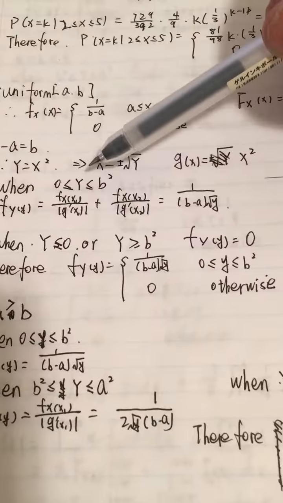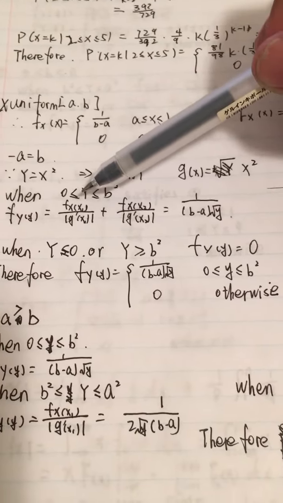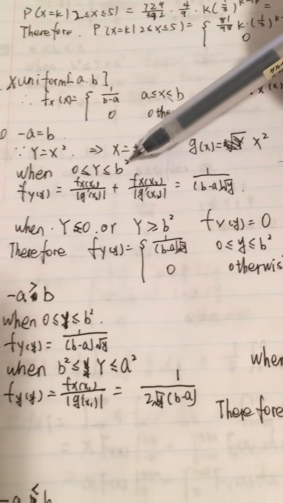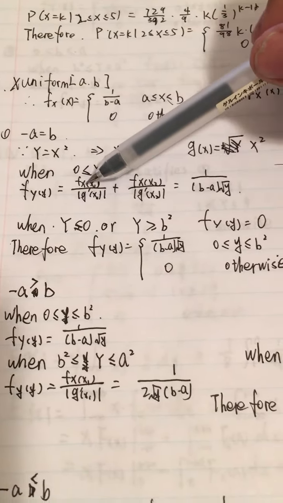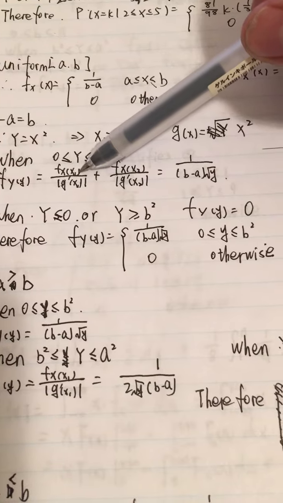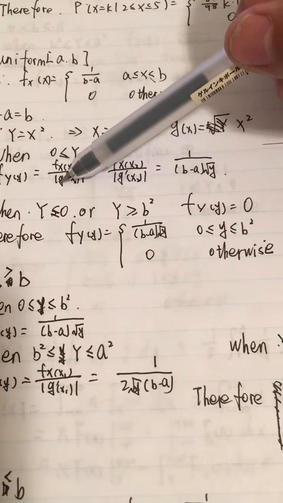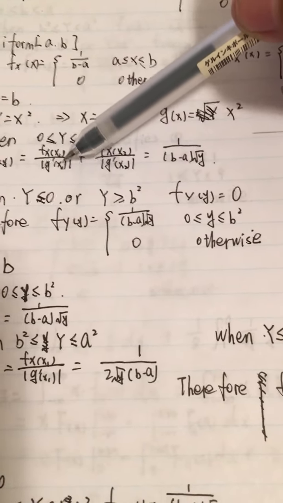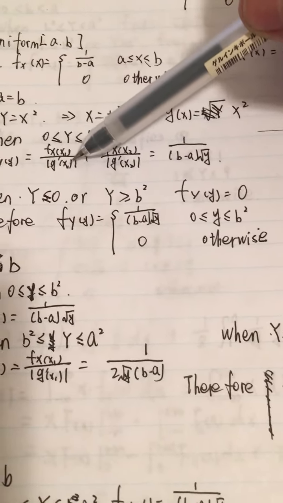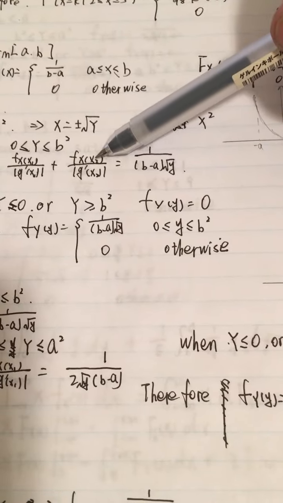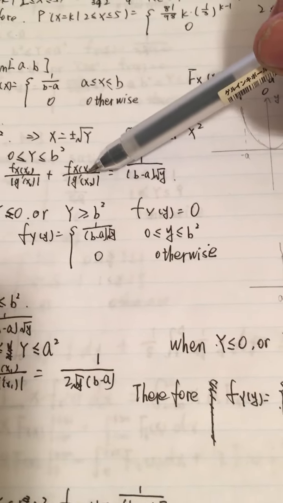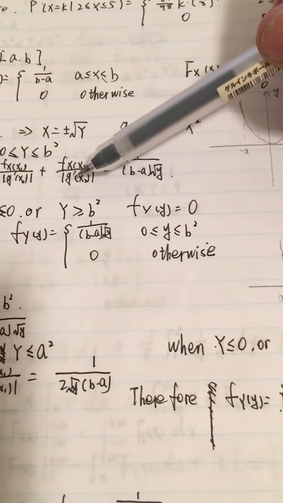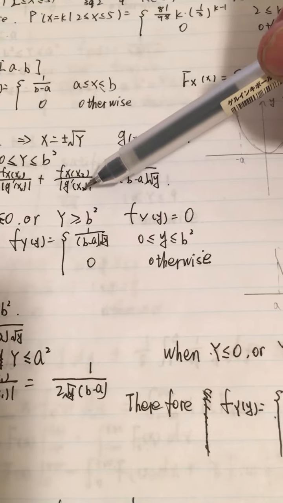So when y is greater or equals to 0 and less or equals to b squared, fY of y equals fX of x1 over the absolute value of the derivative g of x1, plus fX of x2 over the absolute value of the derivative g of x2.